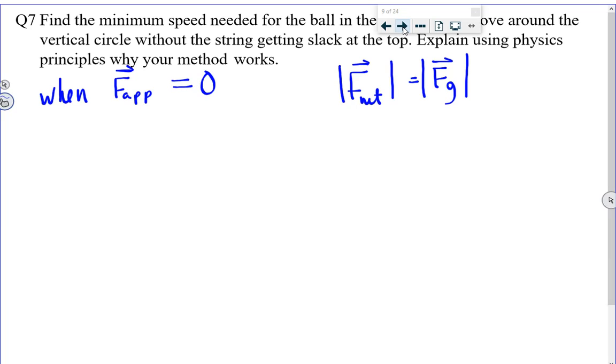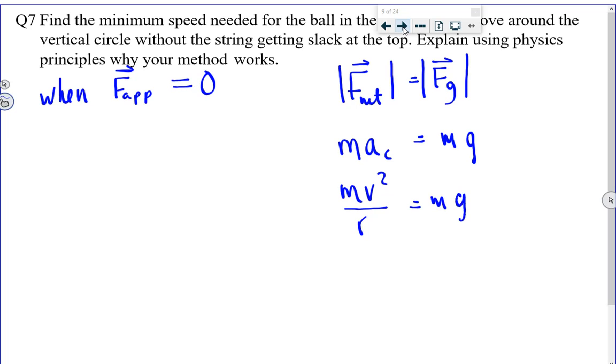Now the net force, we're going to do this so many times, the net force is ma, this is mg. However, the acceleration is centripetal, so this is really mv squared over r.